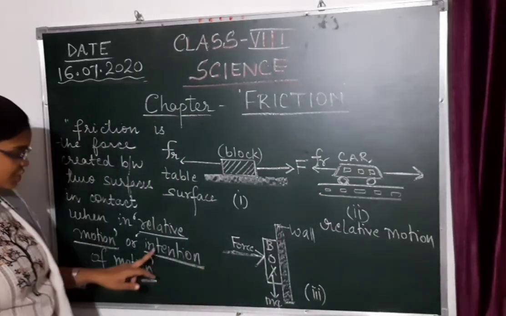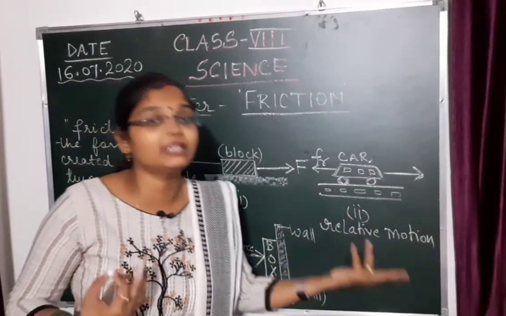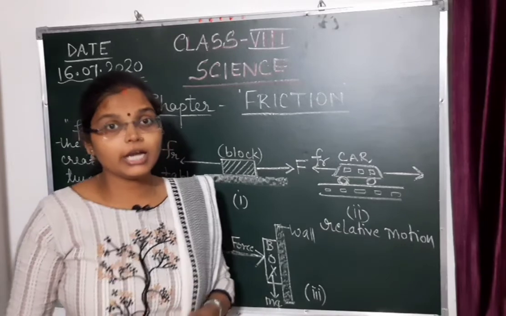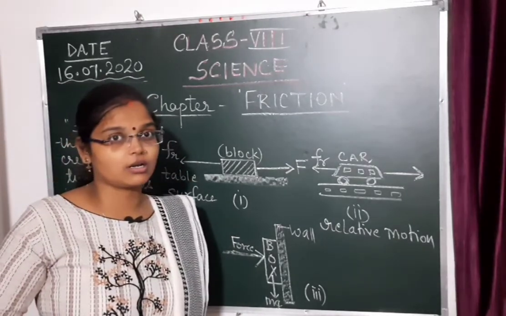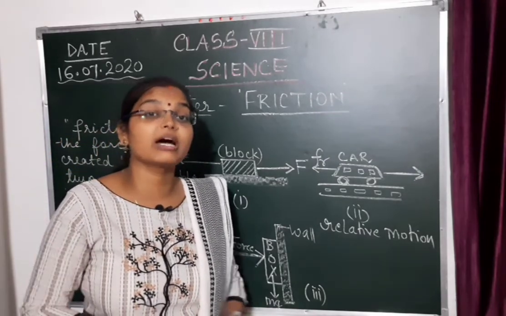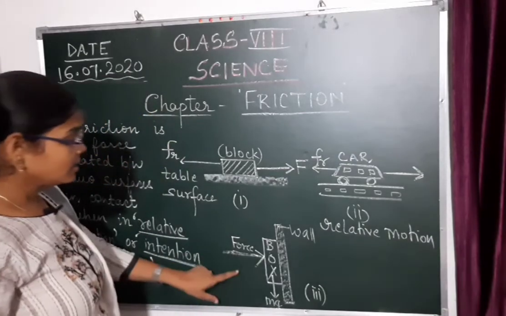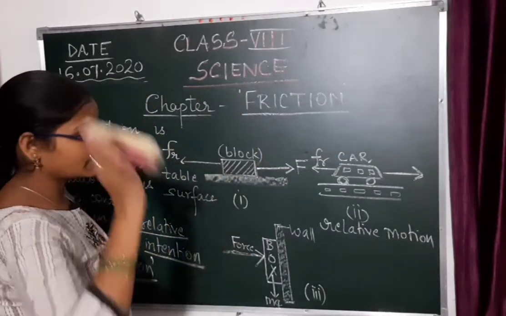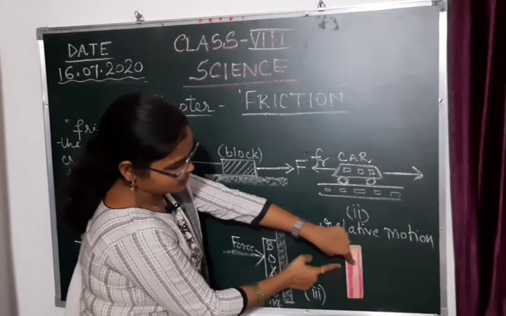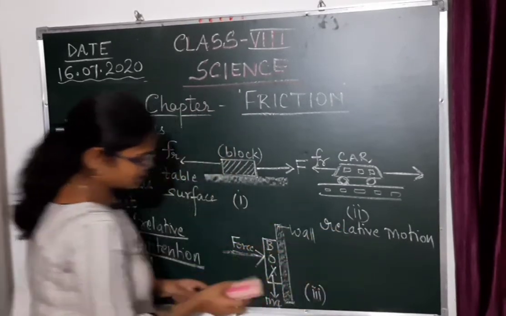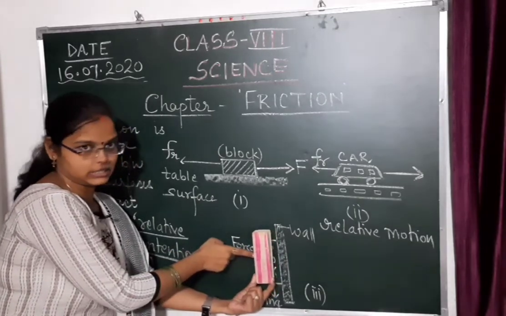Now, third situation, intention of motion. Intention मतलब हम कहते हैं we have not done this thing intentionally. It means मैंने जानबूझ के नहीं किया. Intention of motion means जिस तरफ वो motion करना चाहता है. So again I am taking an example. This is a duster and I am applying a force on the duster.